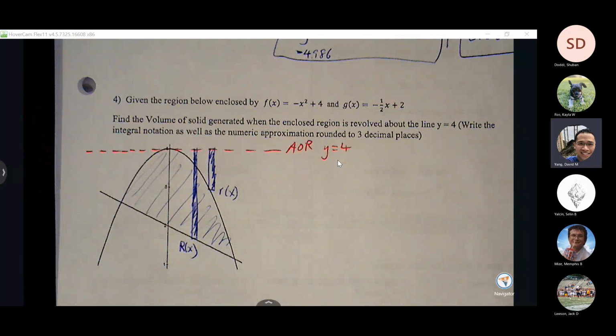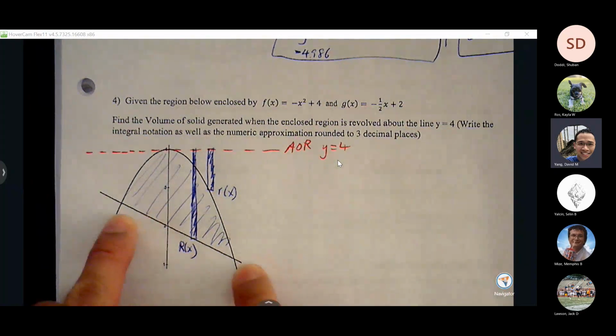We spend time entering this into the calculator, zoom in, find those intersections. We're going to need those intersections.